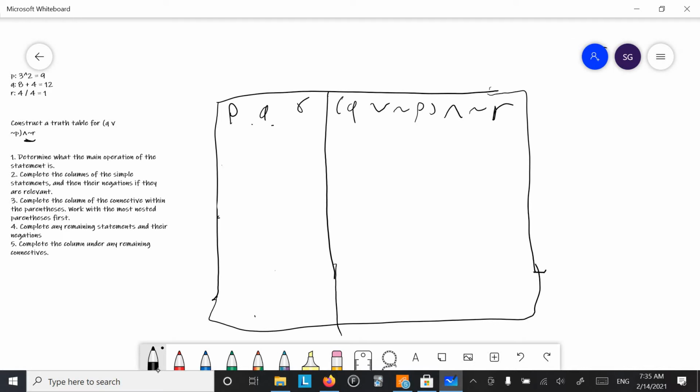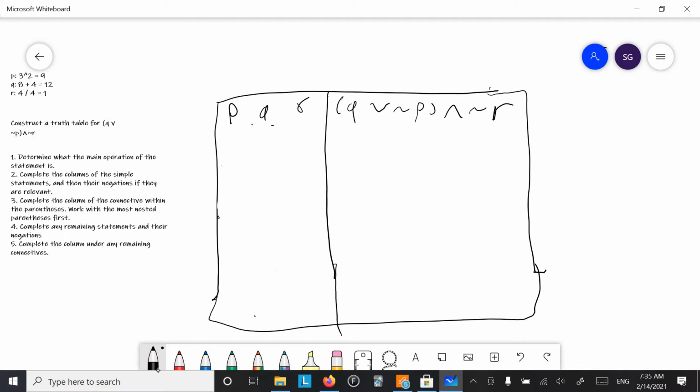So it comes earlier than step 5, which is complete the column under any remaining connectives. So as negation comes earlier, it is not the answer we are looking for. It is a conjunction. So that would be the last thing we find.